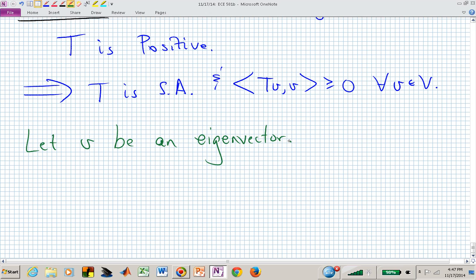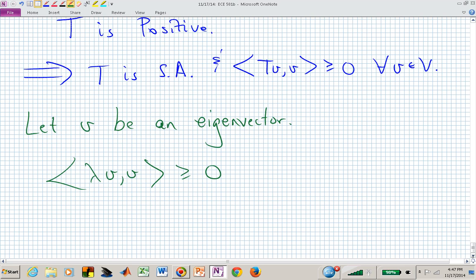So now let's let V be an eigenvector. Well, if that inner product relationship is true for any V, now we've specialized it to be an eigenvector, so TV is equal to lambda V. So now we can say that lambda times the inner product of V with V is greater than or equal to 0, since the inner product of TV with V is non-negative.